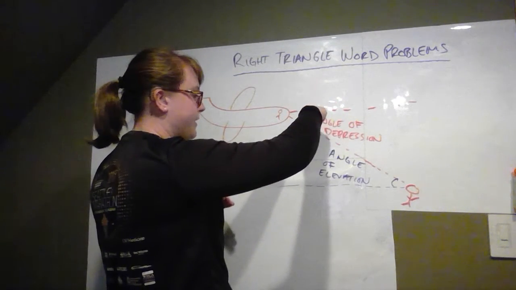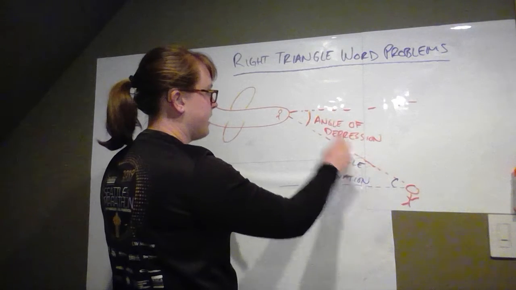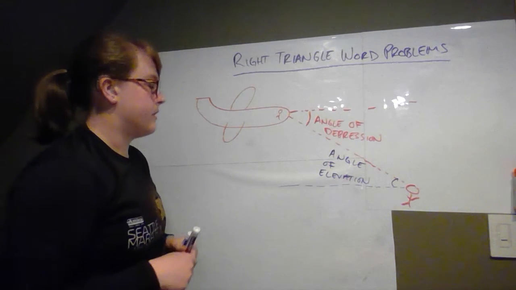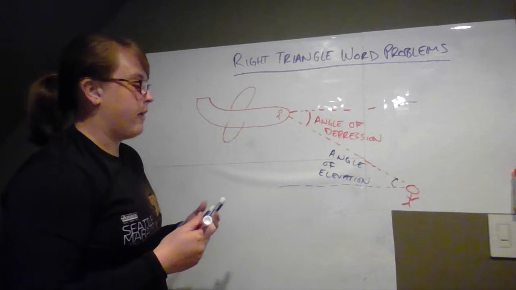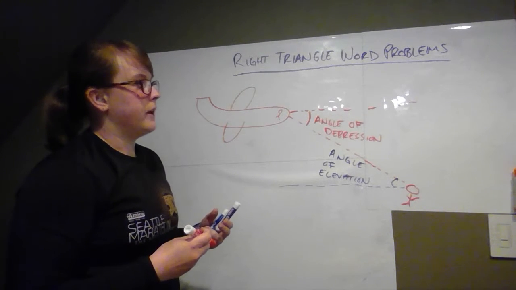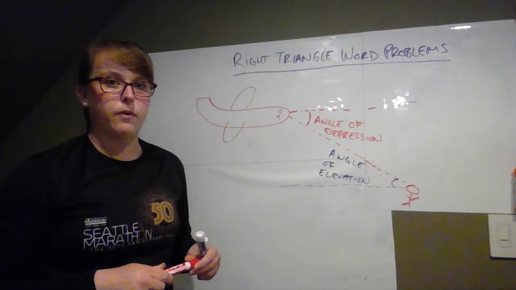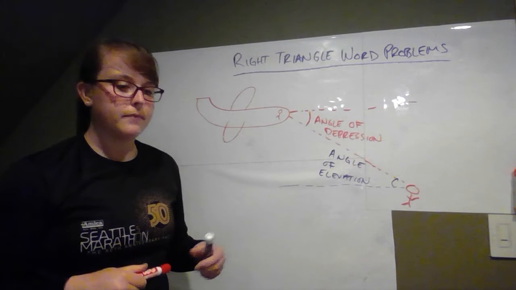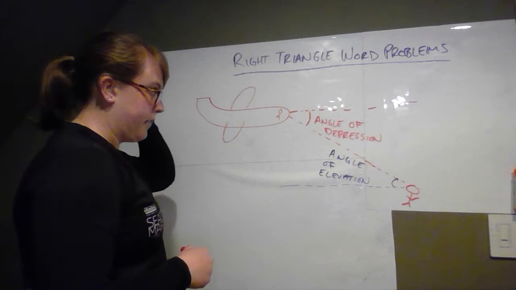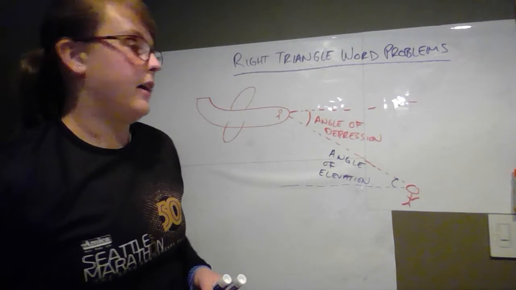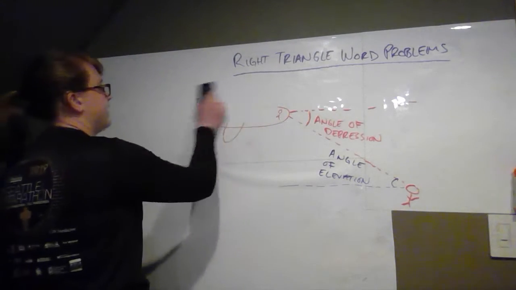So your angle of depression and your angle of elevation are going to be the same here. So however you draw it, putting it inside your triangle and putting the angle in the bottom corner is usually a good idea. So with that, let's talk about some of the kinds of problems that we will see involving angles of elevation and depression.